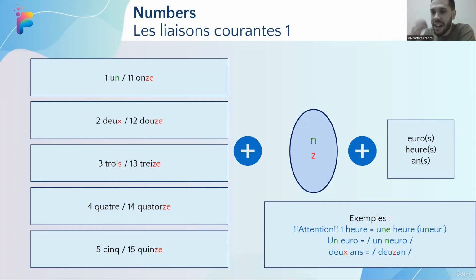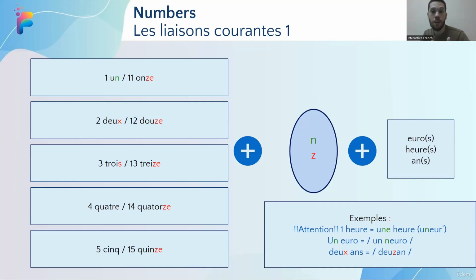If you notice, I would stress the N, and it's like it's linking the number with euro, with nouns that start with a vowel. So that's why we talk about a liaison, linking. We don't say un-euro, we say un neuro, okay?